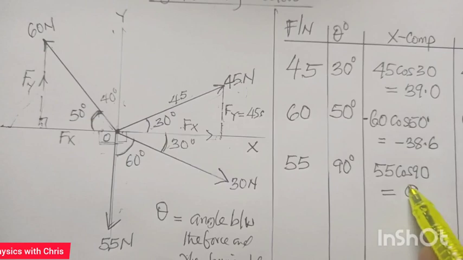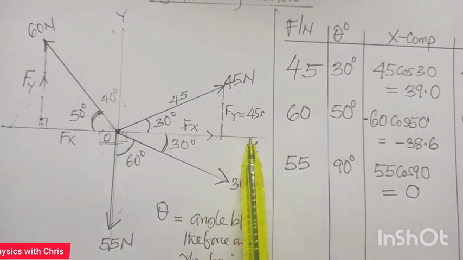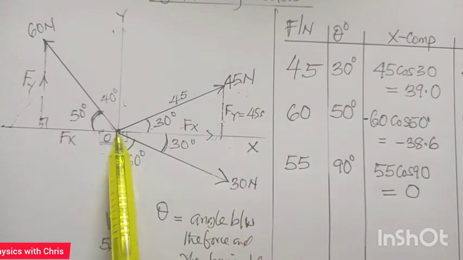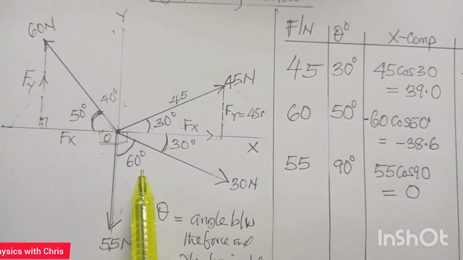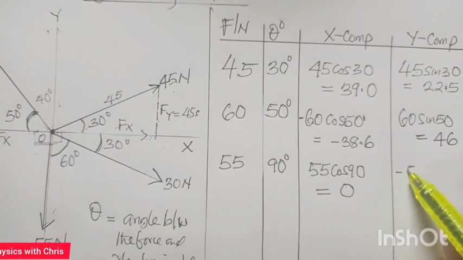That gives me 0. Remember I told you in one of the videos I did that any vector acting vertically, that is along the y-axis or along the x-axis, does not have a component on the other axis. So this one is acting vertically downwards. It has no component along the x-axis. So the y component is minus 55.